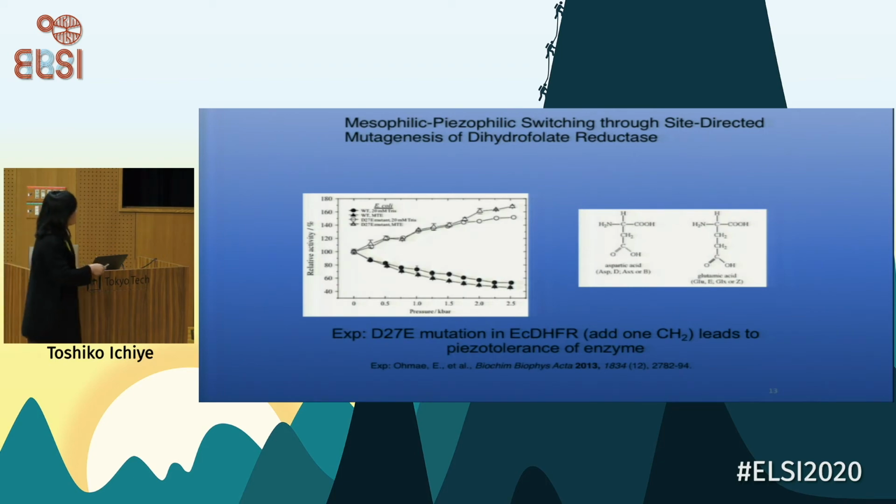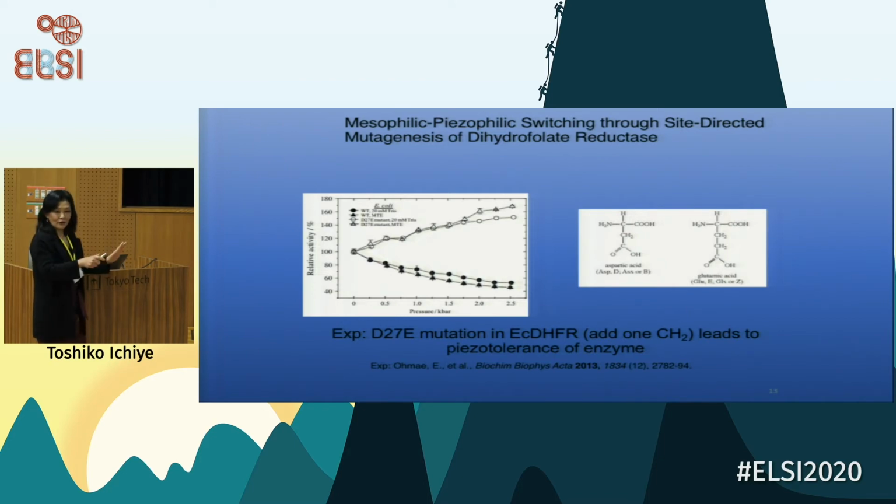Here I show you wild type E. coli. If you make that mutation, which is literally changing this to this, just adding 1 carbon out of the whole protein, it makes the activity increase with pressure rather than decrease with pressure. And this has been shown experimentally.